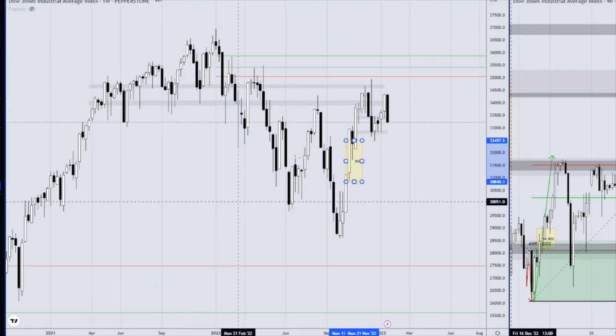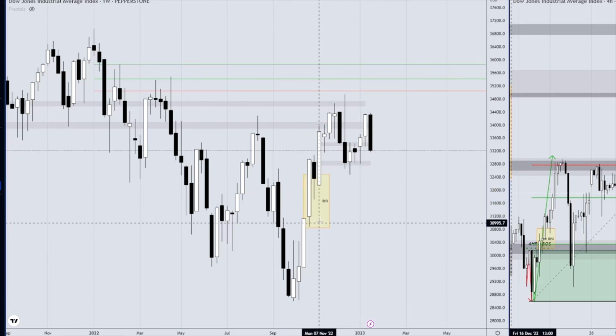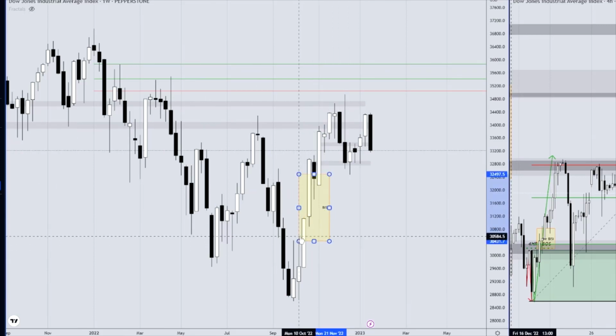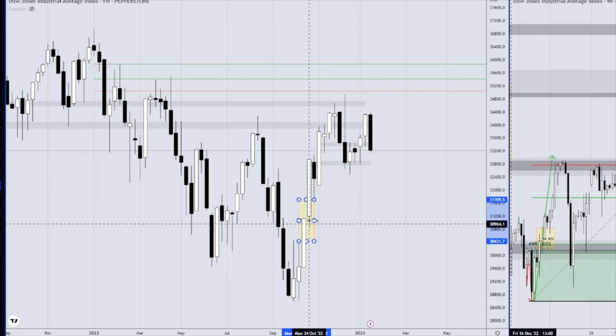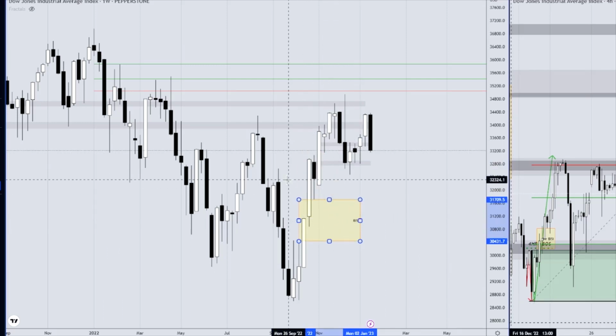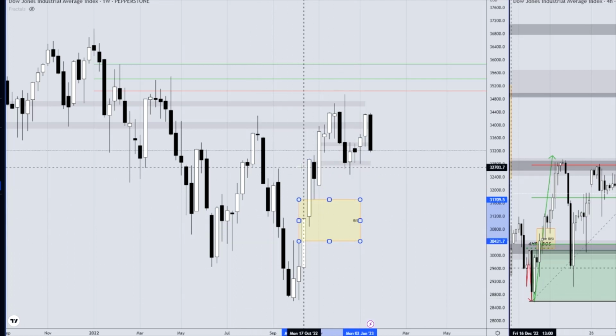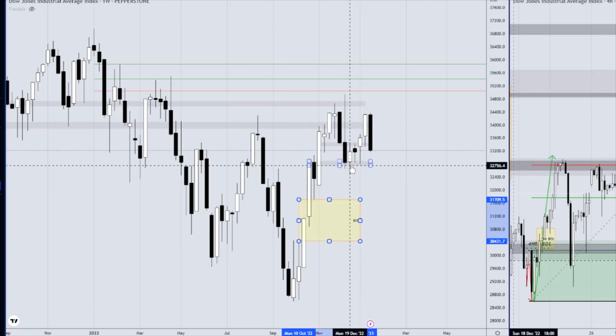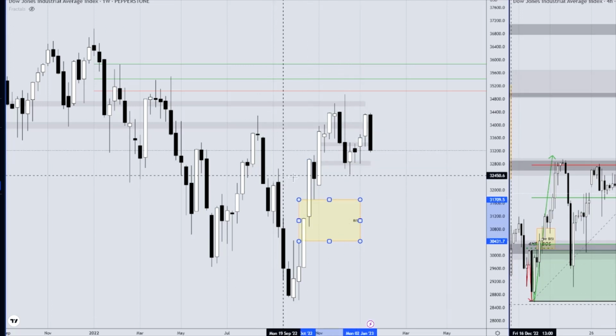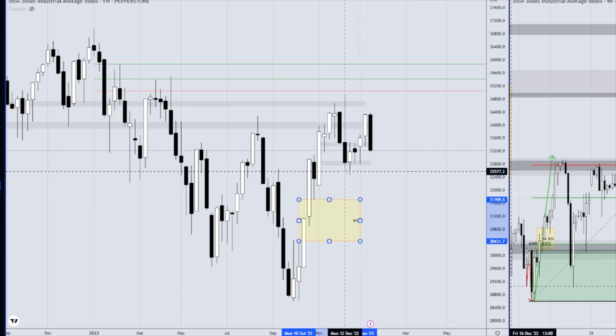So you can see I've marked out the imbalance on the weekly by there. So we do have again a break of structure around this area here, and that's clearly going to be a sensitive area that we're coming into.